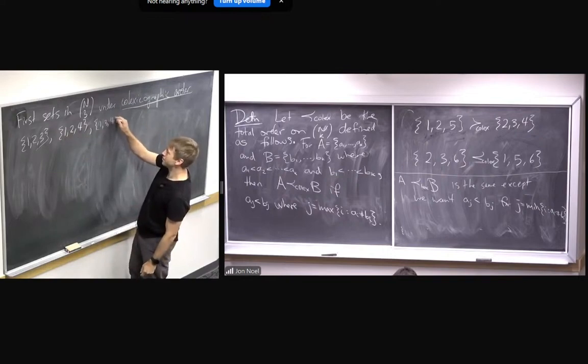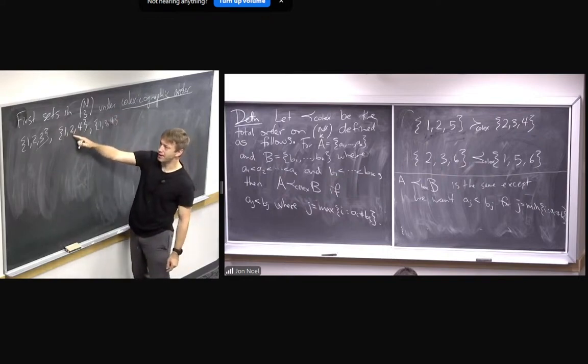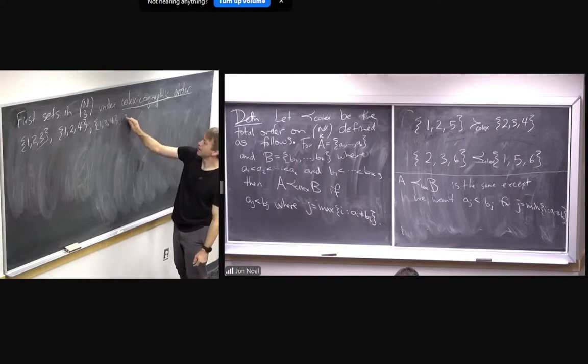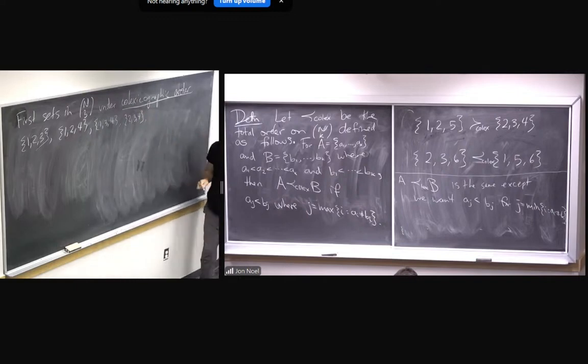So I have to introduce the number 3 on these sets. And then 2, 3, 4. Now I've got no choice. I've exhausted all the subsets of 1, 2, 3, 4 of size 3. I have to introduce 5.